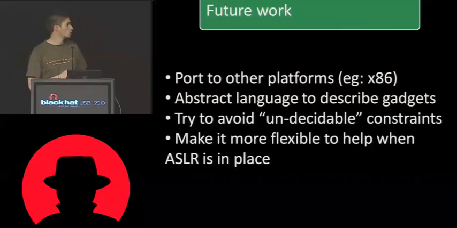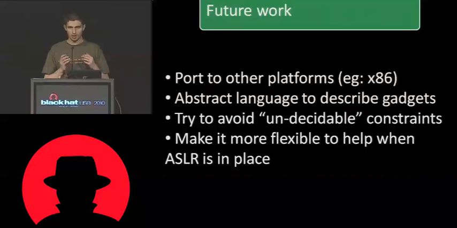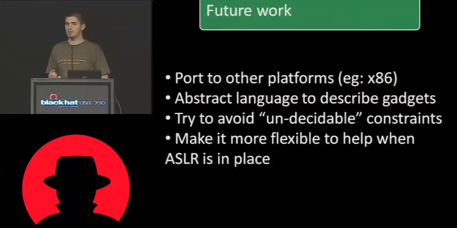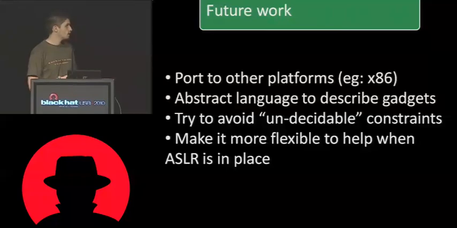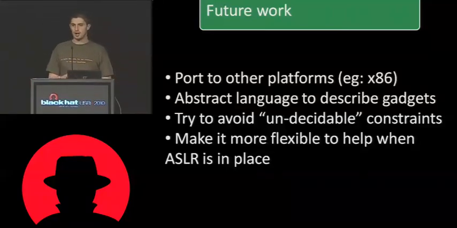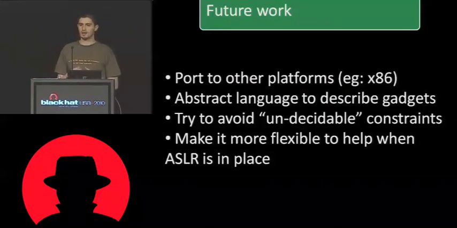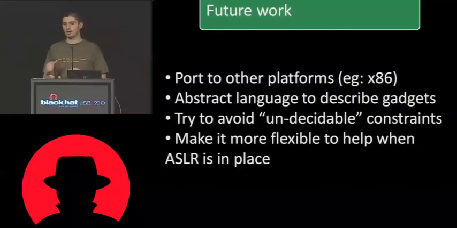What we are planning to do is to port the gadget finder to other architectures like x86, so that it's possible to use the same algorithms for Windows, Linux, OS X, and so forth. A problem related to this is that we need to create an abstract language to describe the gadgets, because at the moment they are really architecture specific.